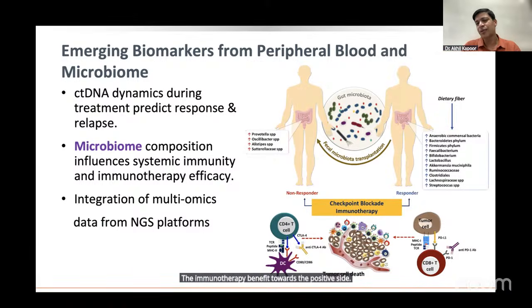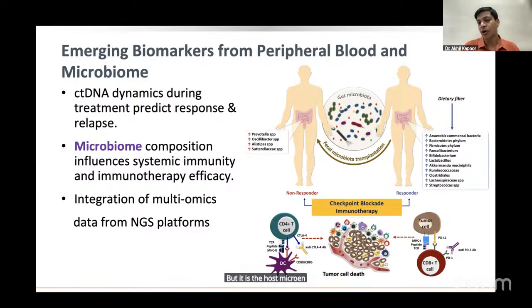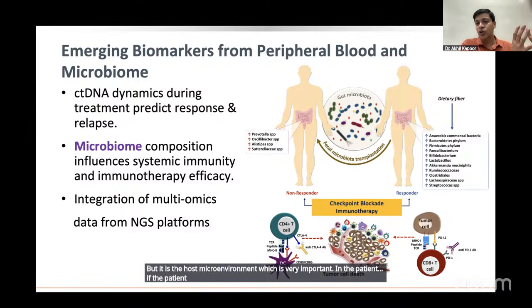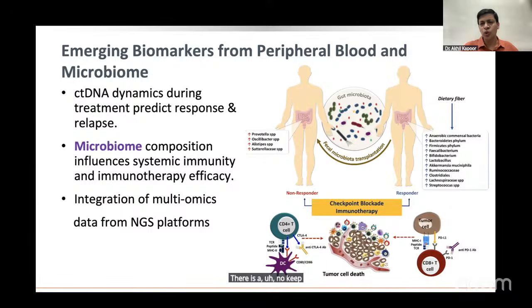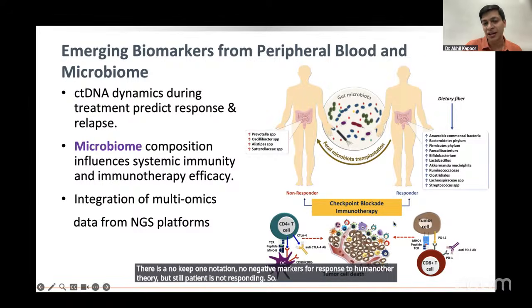This is a very important thing: we always think about the tumor, but it is the host microenvironment which is very important in the patient. If the patient has a tumor which should respond to immunotherapy, with no KEAP1 mutation and no negative markers, but still the patient is not responding, the reason might be in the gut.